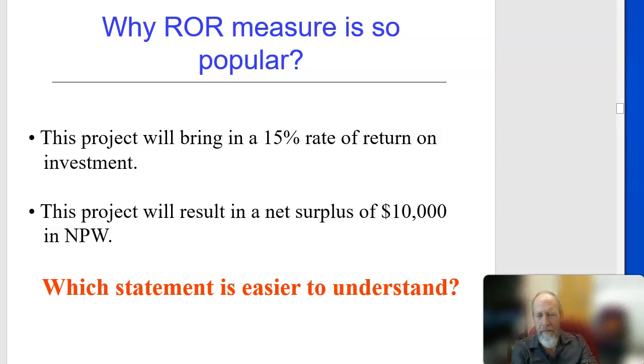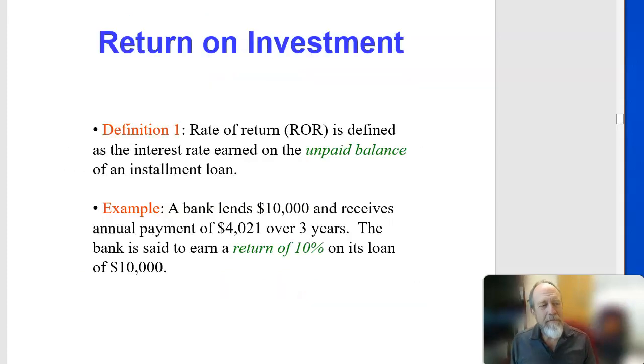Now, you're going to immediately ask, but what's the magnitude of the investment? Because a net surplus of $10,000 on a $1 million investment may not be that great. However, if I say 15% rate of return, you say, well, shoot, I'm putting $1 million into that. Okay, so return on investment.